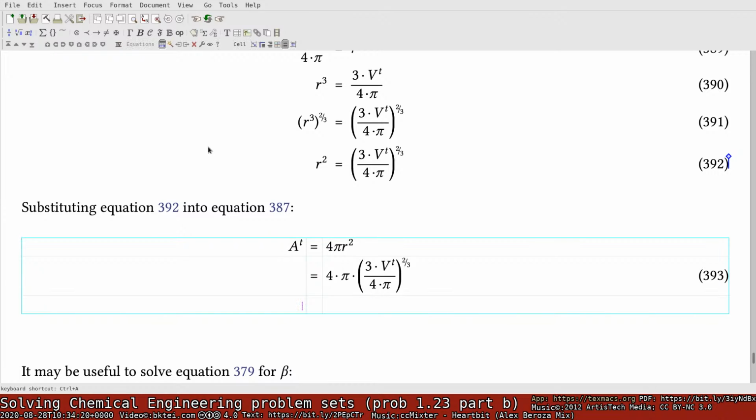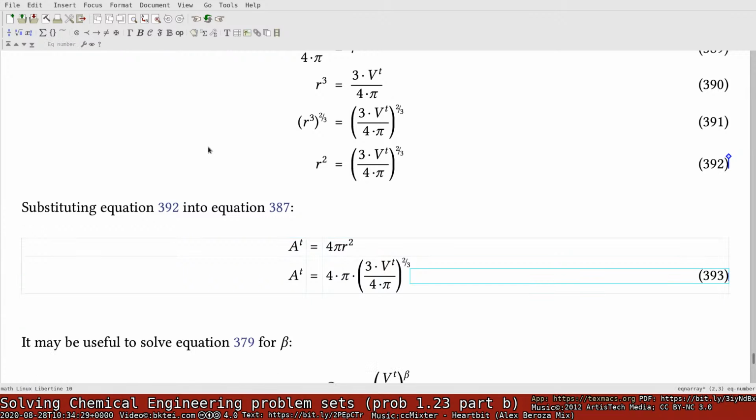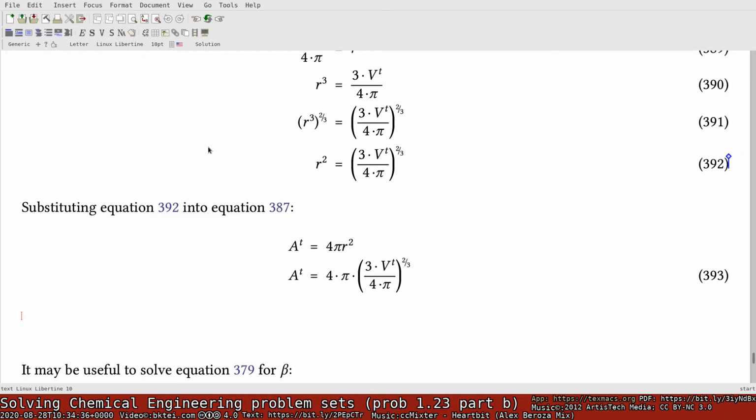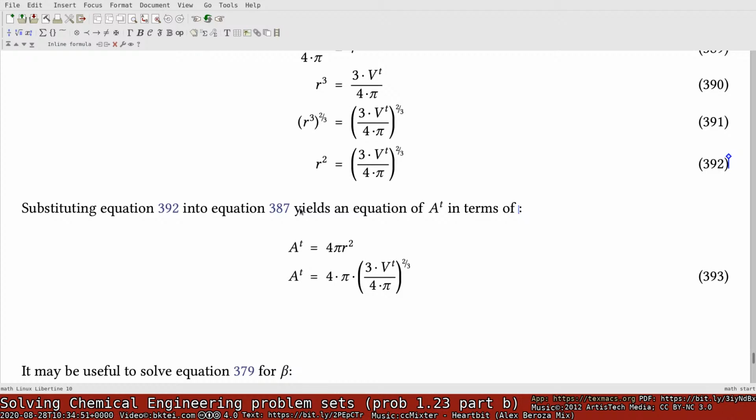Or we could just not. Okay. So we got area as a function of total volume.